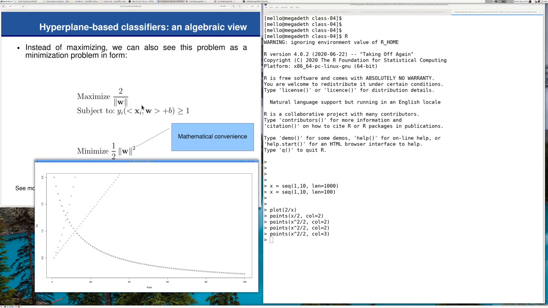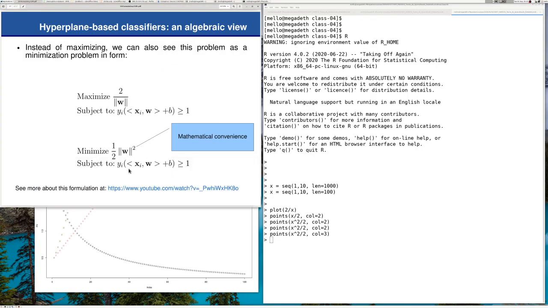So mathematically, this will provide the same solution as this without this 2, and the same solution as this maximization. The same solutions. 3 different ways of writing the same problem.